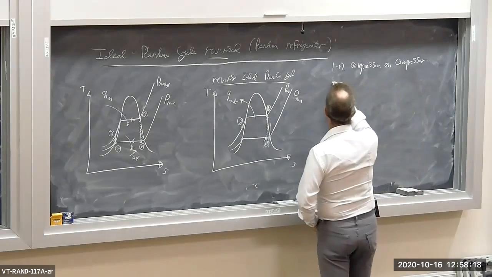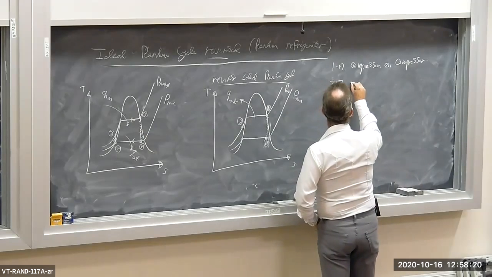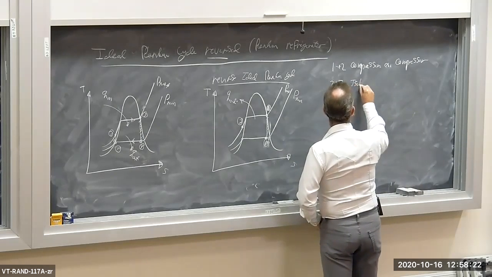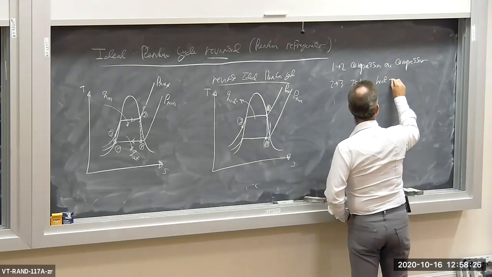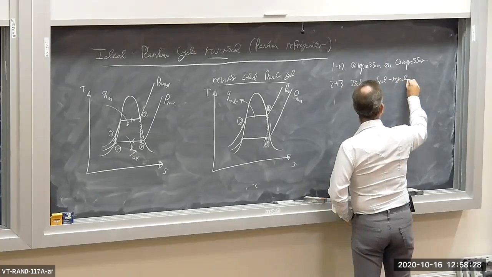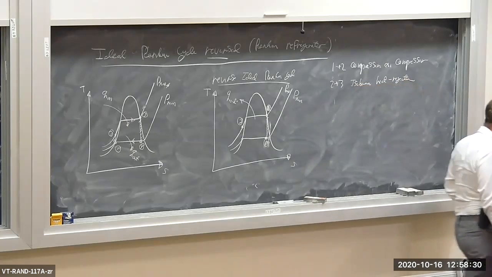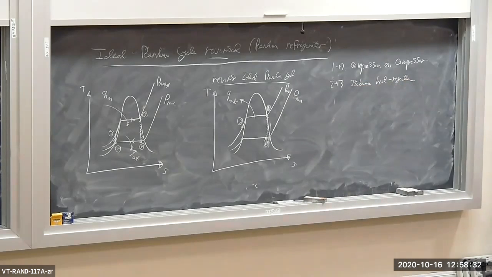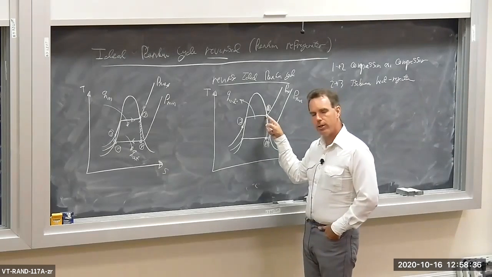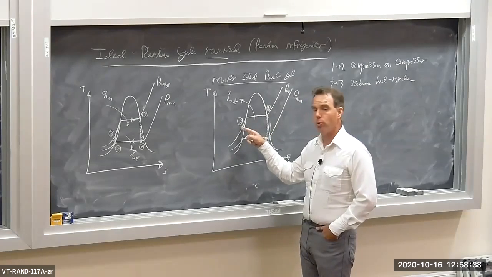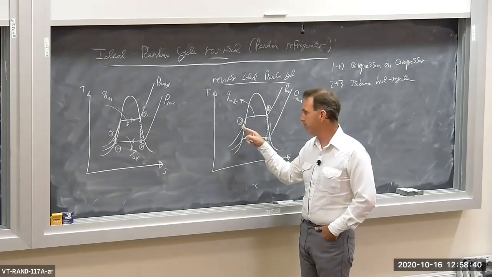So process 2 to 3 is isobaric heat rejection. By the way, we're starting off with a saturated vapor and we're going to a supercooled liquid.